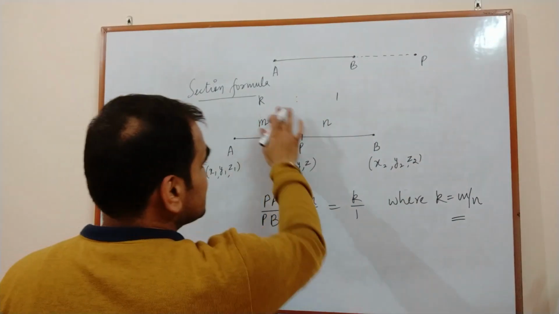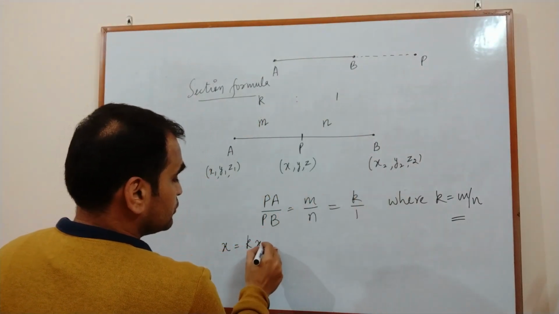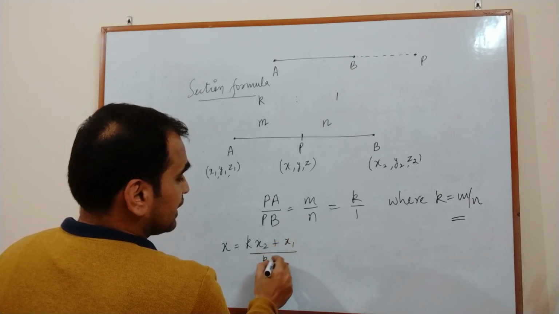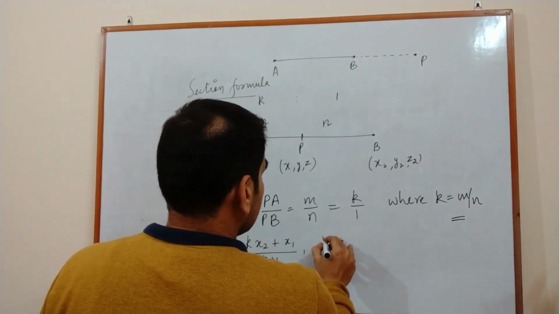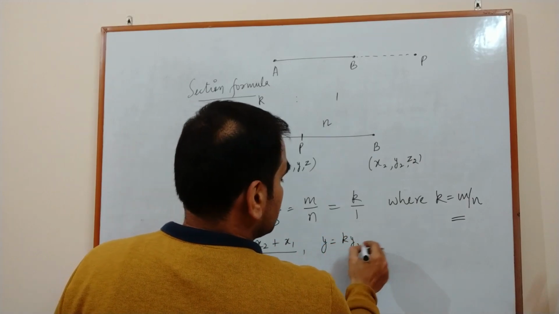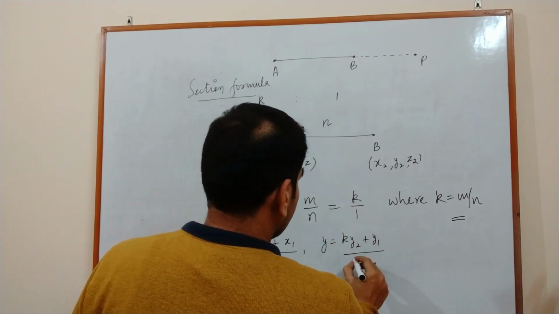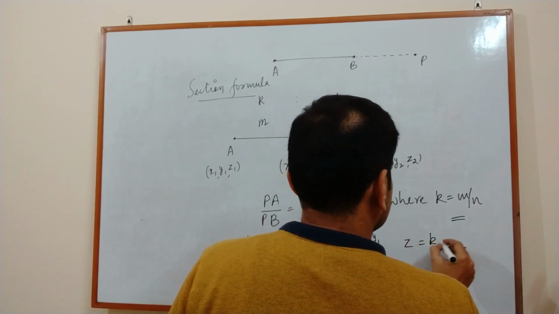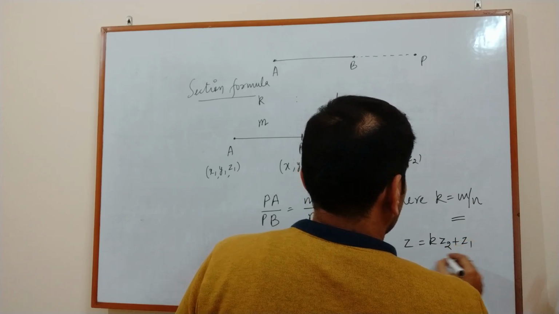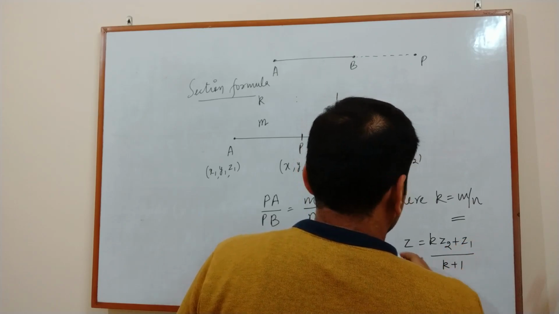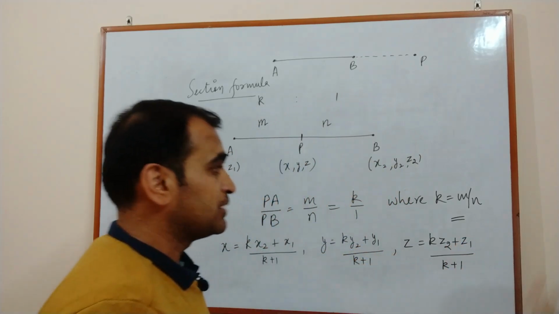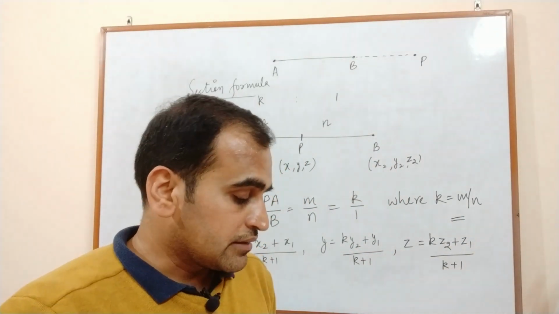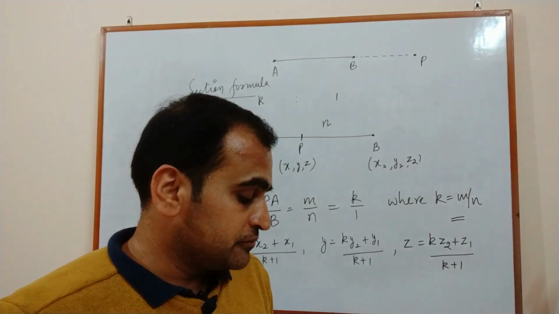There is only difference: kx2 plus x1 divided by k plus 1. Y is ky2 plus y1 upon k plus 1, and z is kz2 plus z1 upon k plus 1. No difference. बस हमने क्या किया है, यहाँ पर k को m ratio n से replace कर दिया है. Okay, so there is no need to worry about this.